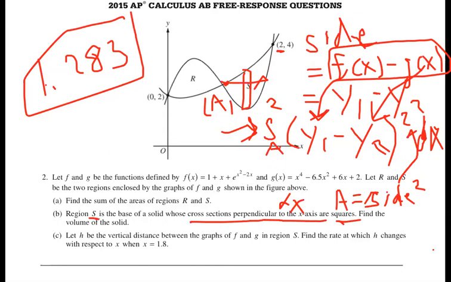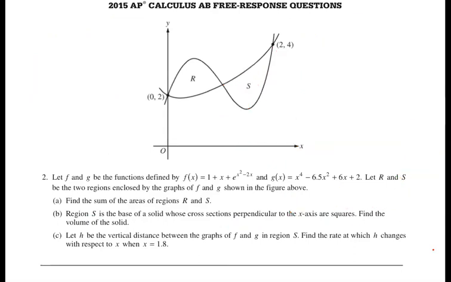Okay, and then we have one problem left, part C. It says let h be the vertical distance between the graphs of f and g in region S. So again, we're only worried about region S from here to here. And it says the vertical distance. So again, that's going to be top minus bottom.